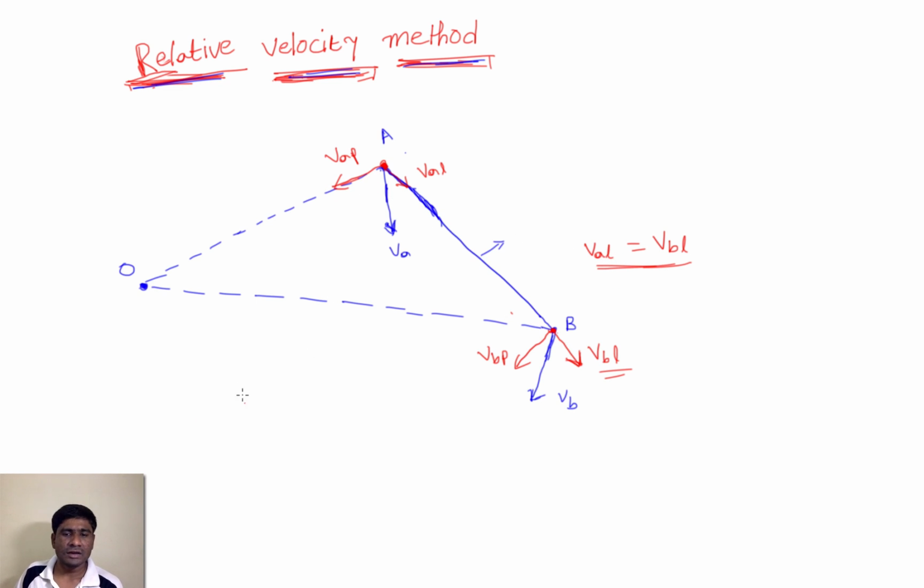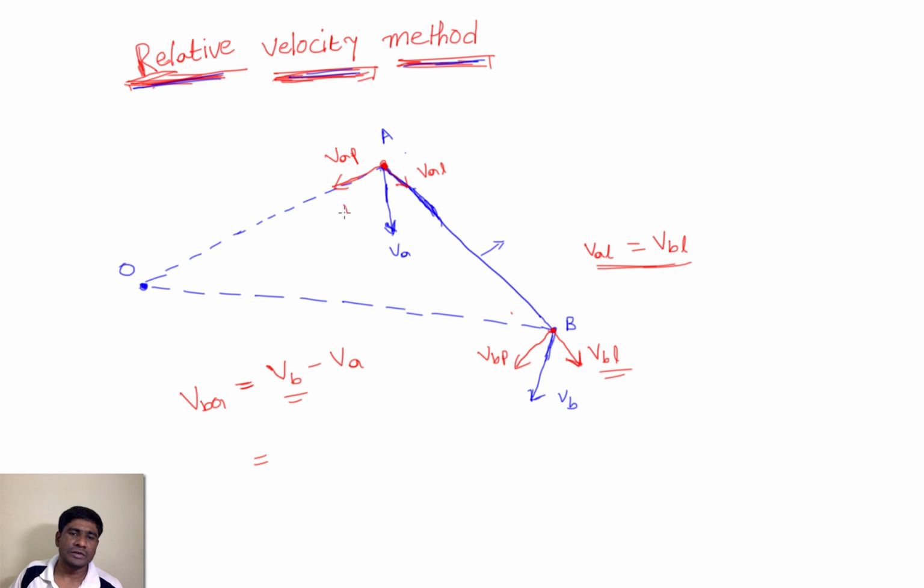So what is the relative velocity of B with respect to A? That is equal to the velocity of B minus the velocity of A. But the velocity of B has two components.